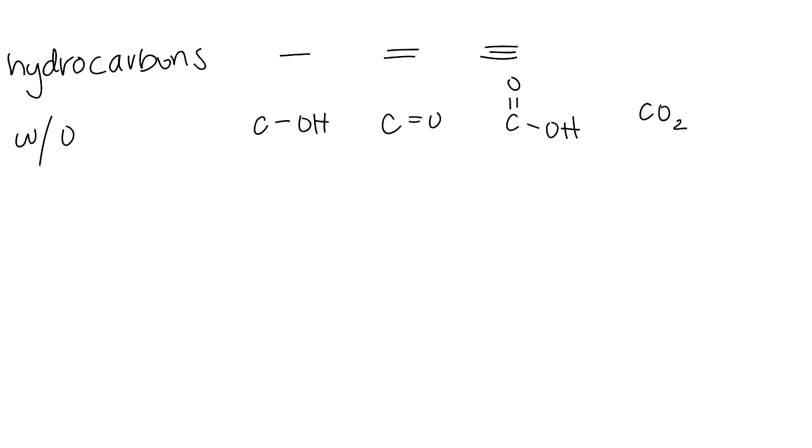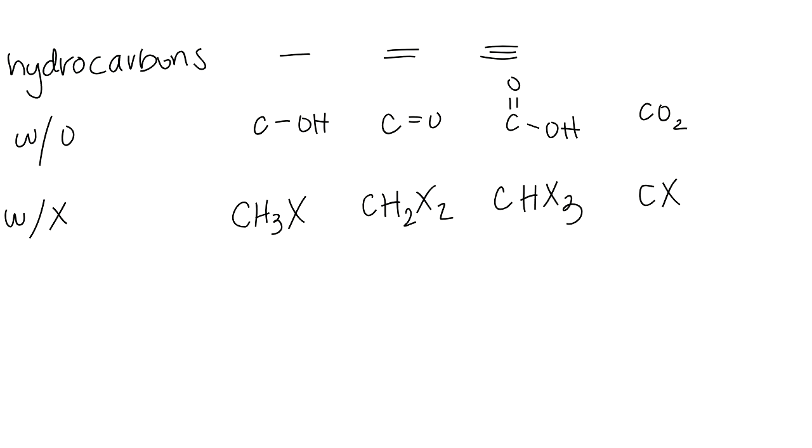With a halogen, we can start off as CH3 with one X, add another X, add another X, until eventually all we have are X's and no hydrogens.